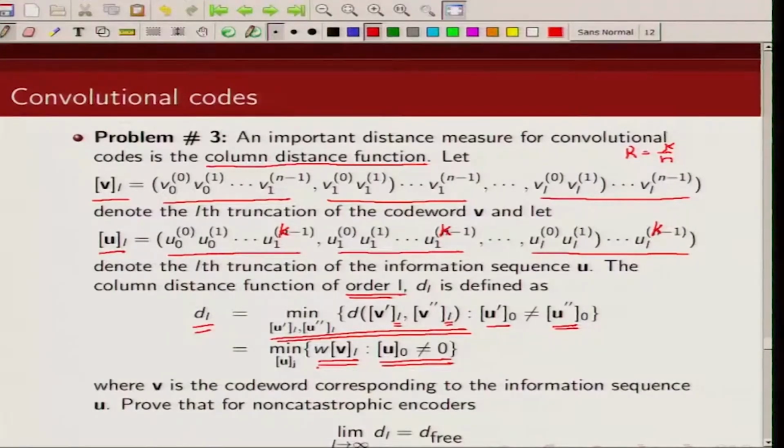Now, the thing that you have been asked to prove here is to show that as L goes to infinity, this column distance function tends towards the free distance of the convolutional code. In fact, after 3 or 4 constraint lengths, you will see the distance reaches d free and then it remains there.